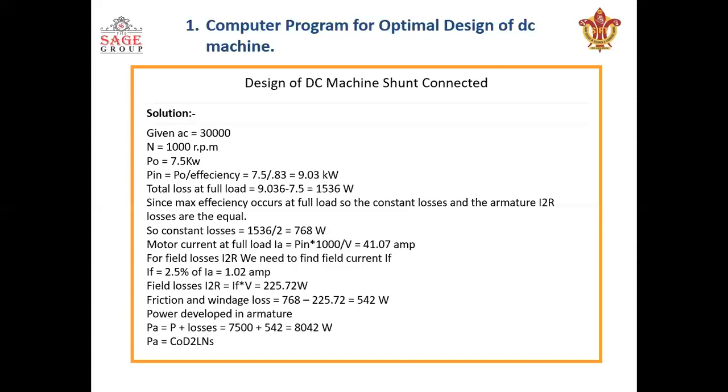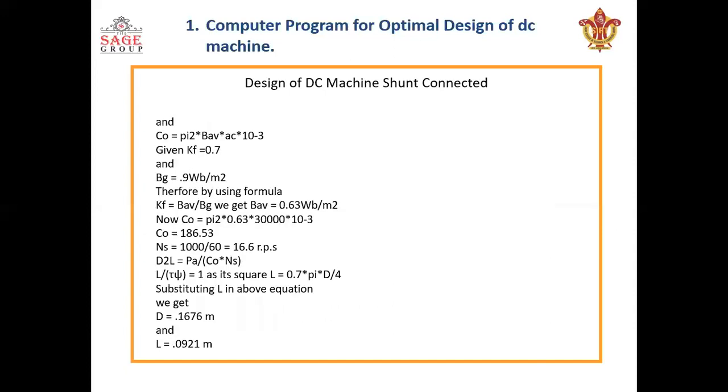When substituted in this output equation, it gives a diameter of the armature equal to 0.167 meters and length equal to 0.0921 meters.